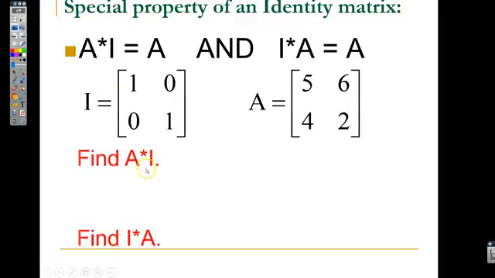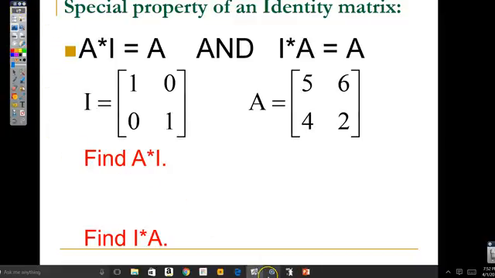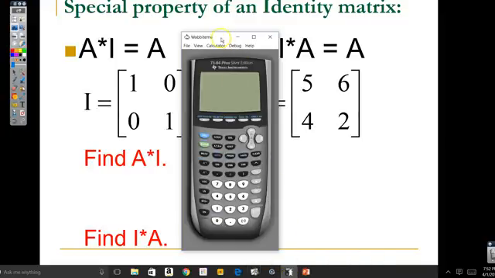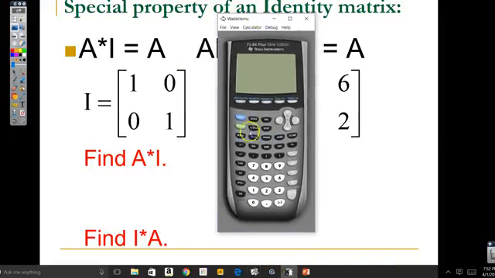So here, if we say A times the identity, and identity times A, it shows us that we get the same matrix. So let's put the inverse in first. Second matrix, edit.